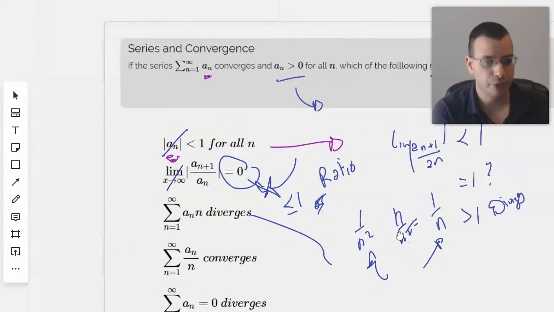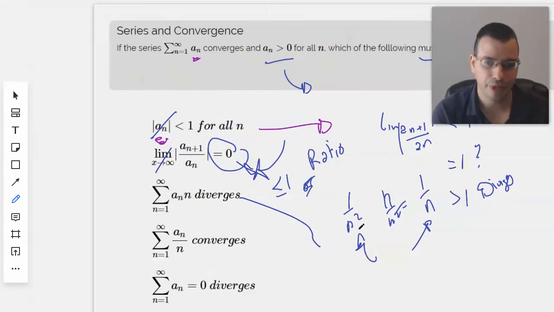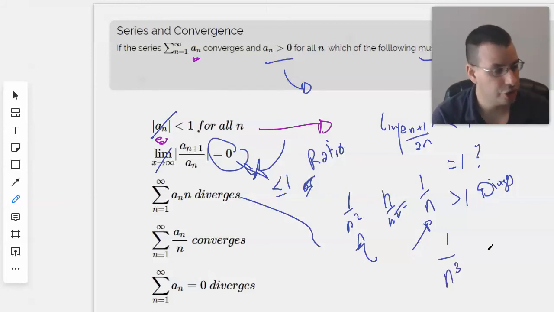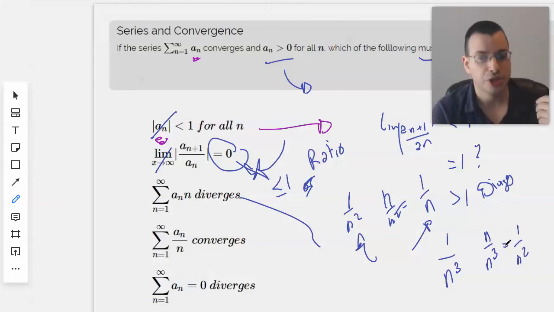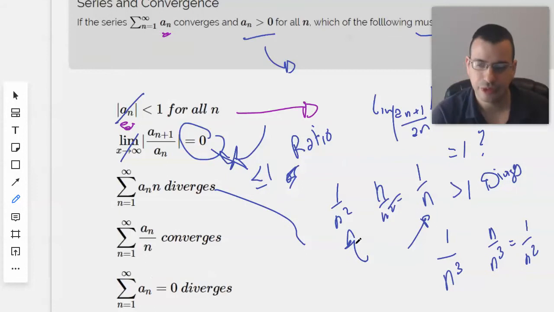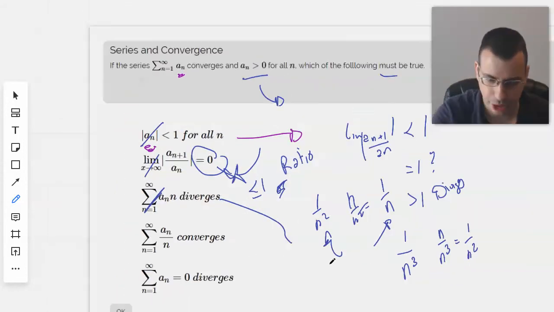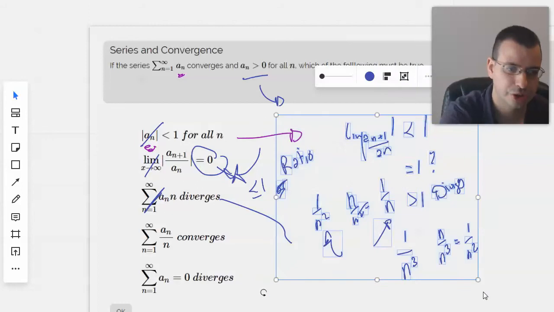That would be true, but that's just one example. The coefficient of a of n could be something along the lines of 1 over n cubed. So then when you do n over n cubed, you get 1 over n squared, which still converges. So not necessarily true. So messy.